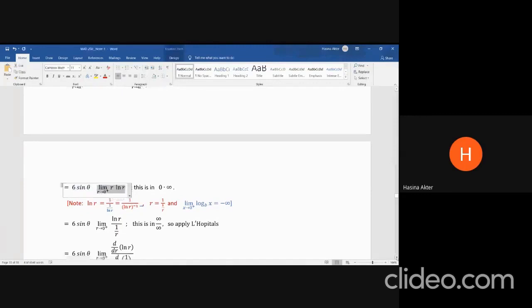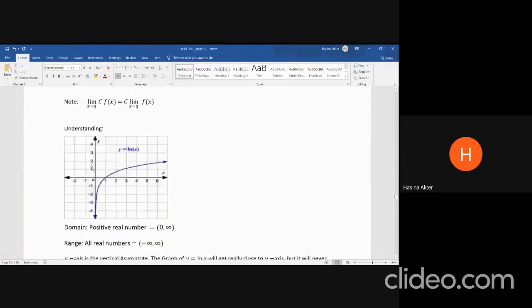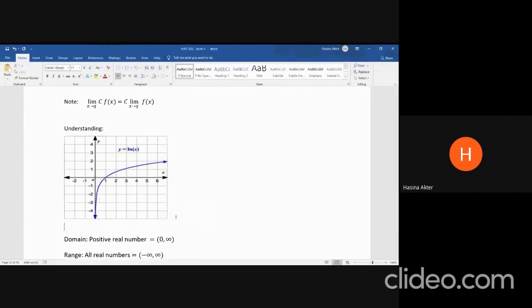You have the natural log of r where r approaches 0 from the right. I don't know if you remember this graph. This is the graph of the natural log function, though it is not very clear, because over there it seems that the blue curve is touching the y-axis, which is not true. The y-axis is the vertical asymptote of the function.